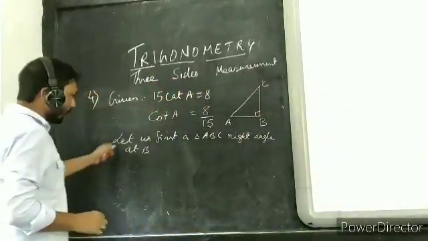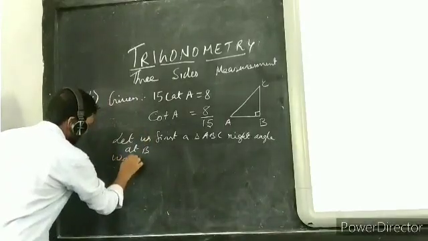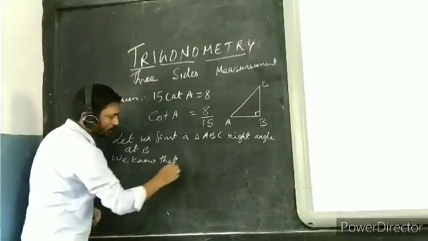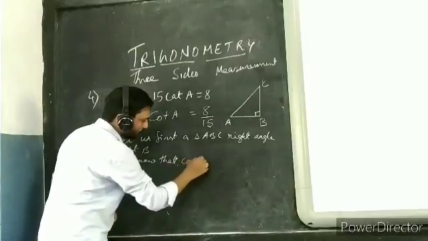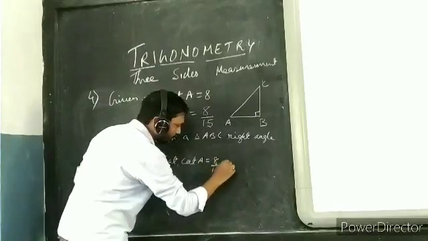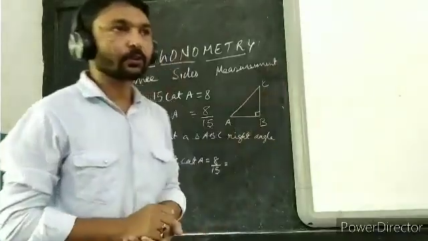Now after doing this, we know that tan A equal to 8 by 15. Tan A is what? We have done the trigonometric ratios.